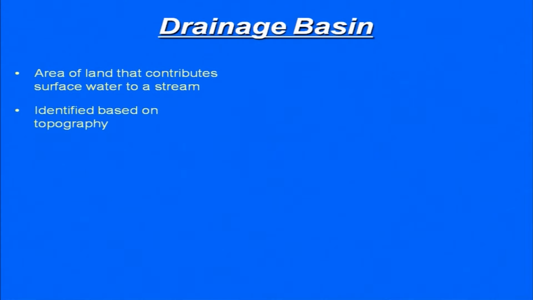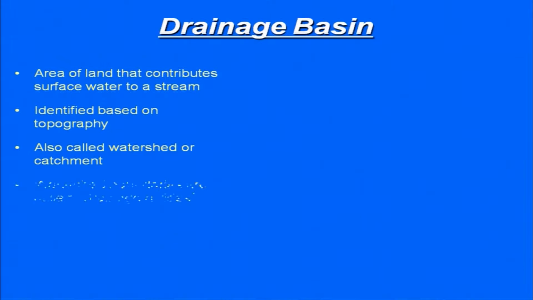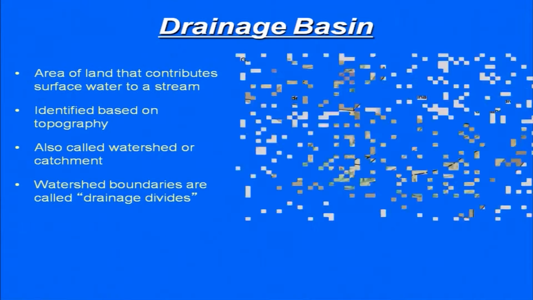The drainage basin is basically the area of land that contributes surface water to a stream, identified based on the topographic break, also called watershed or catchment area. Watershed boundaries are called drainage divides.